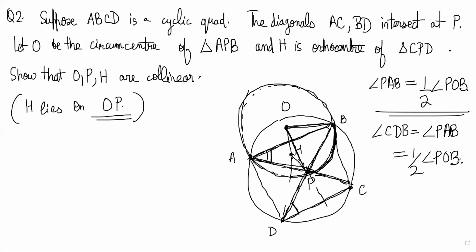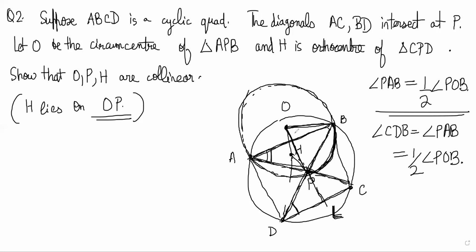Okay. Then, if I drop a perpendicular from P to this side, because I wanted to make my altitudes and all, let's call this L. You will have in triangle LDP and MOP.